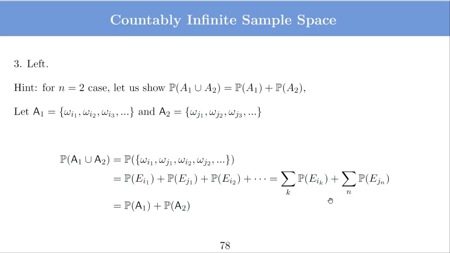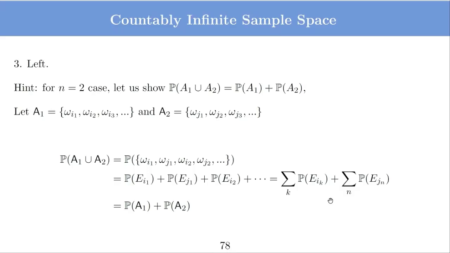So if you write it this way, then A1 union A2 is nothing but omega I1, omega J1, omega I2, omega J2, like this. Now we can say this set is nothing but the union of EI1, EI2, EI3 and EJ1, EJ2 and EJ3, like this.